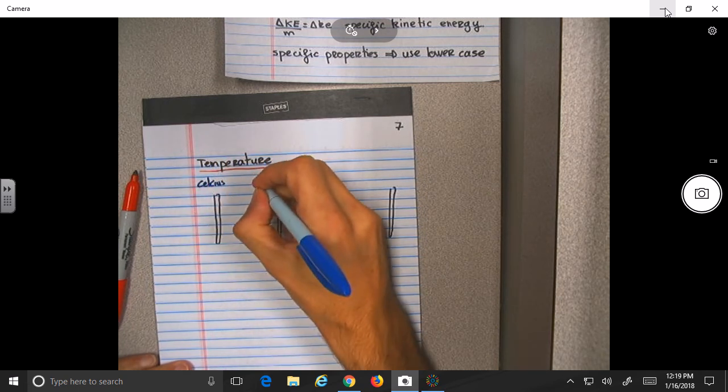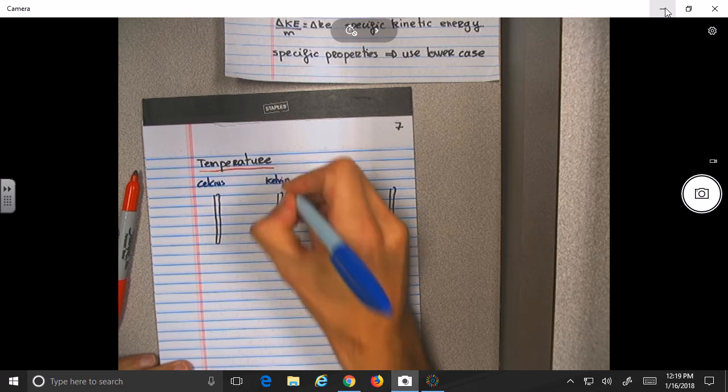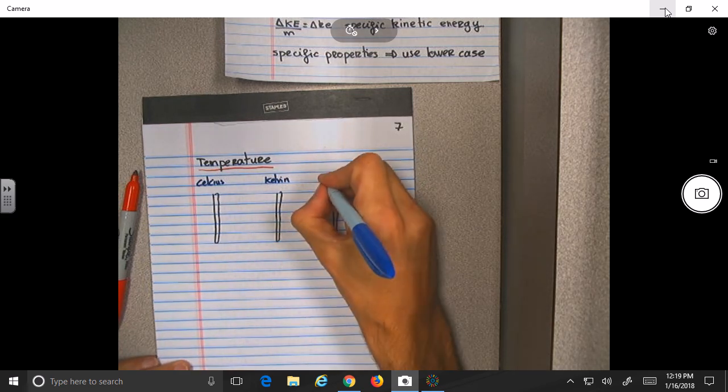Then Celsius is connected to Kelvin. Then we have Fahrenheit.